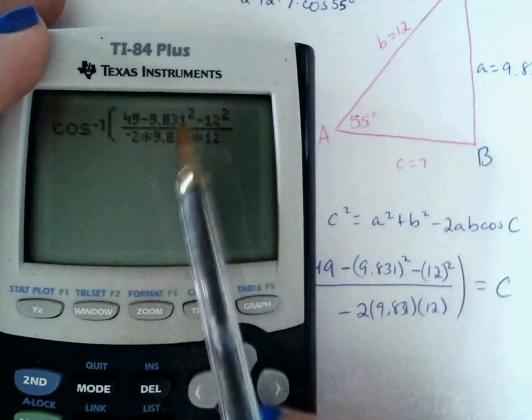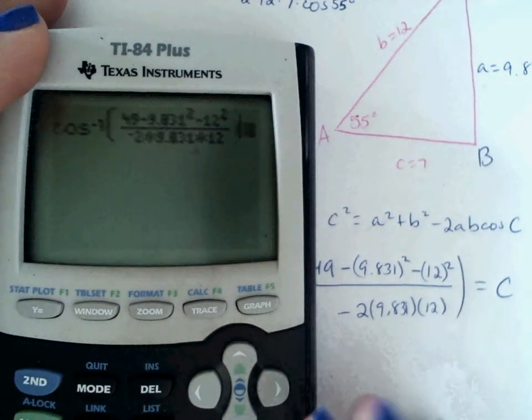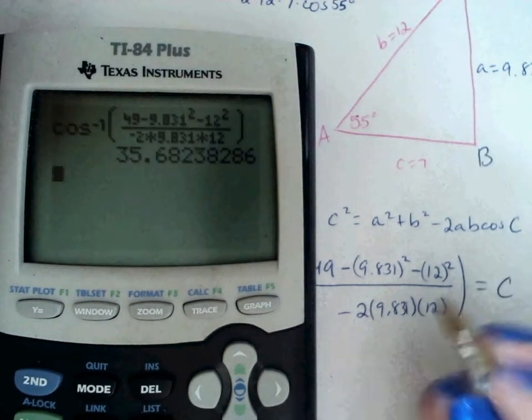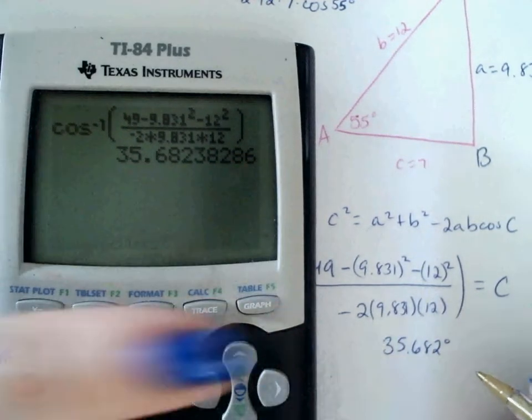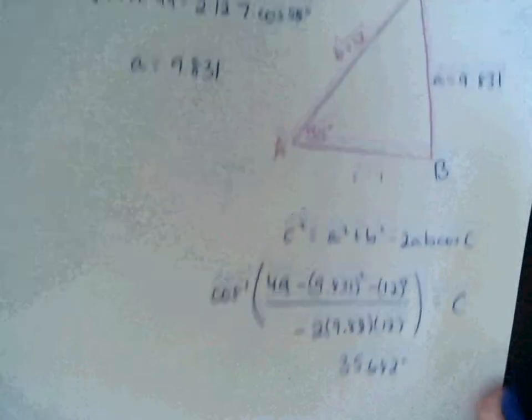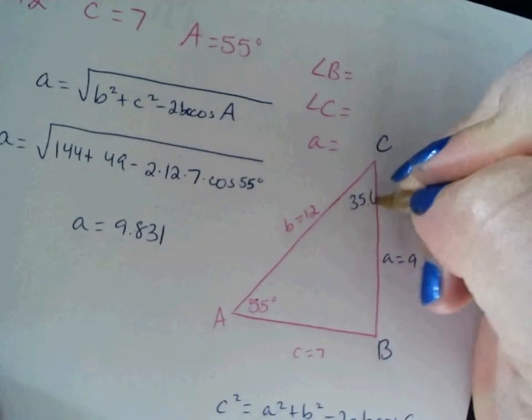If you're worried about the negative, because this is 49 minus larger numbers, that negative and the negative in the numerator will go away. So I'm left with 35.682 degrees.